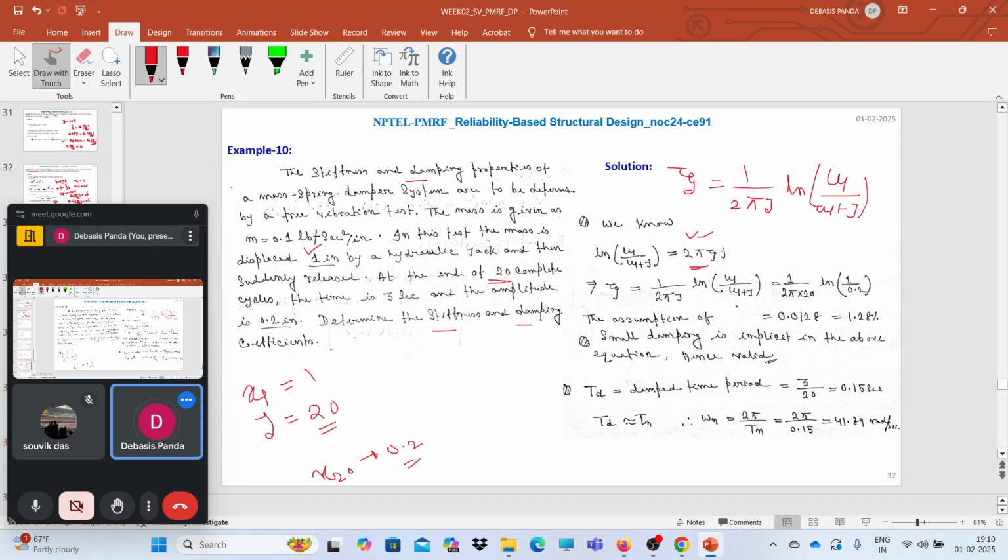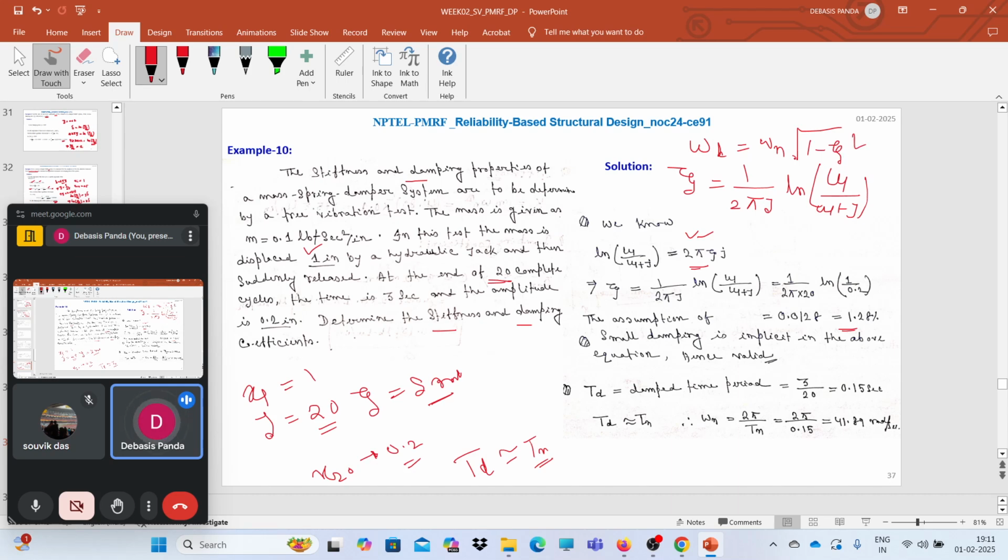So zeta comes as 1.28%. 1.28% zeta means it's very small, right? Great. So if zeta is very small, we can consider that the damped frequency is equal to the natural frequency. Because look, omega d is equal to omega n under root of 1 minus zeta square.